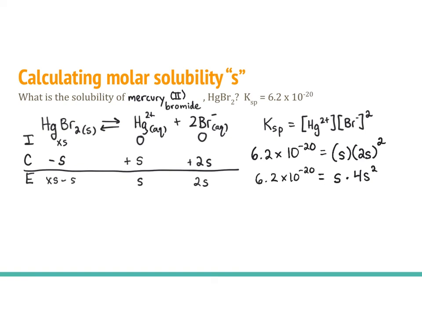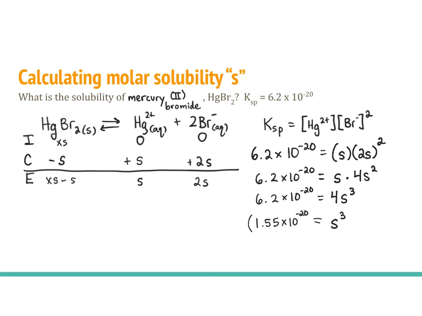And we're going to collect like terms here. So we end up with 4S cubed equals 6.2 times 10 to the negative 20th. And divide both sides by 4, so S cubed is equal to 1.55 times 10 to the negative 20th.